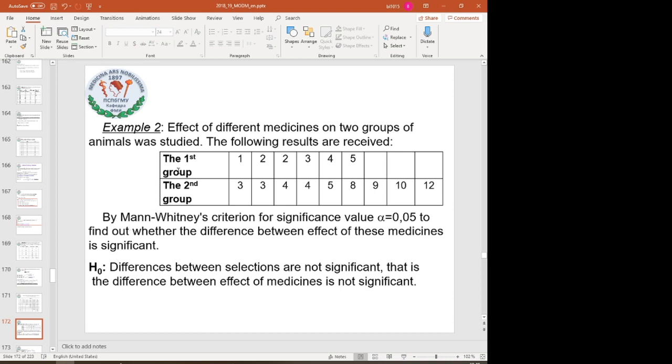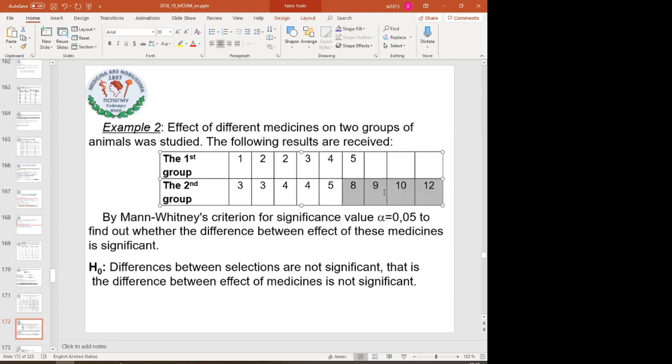The second example: the effect of different drugs on two groups of animals was studied, and the following results were achieved. We see that the values in the first sample are less than in the second one, because the first sample doesn't have a big number like that.